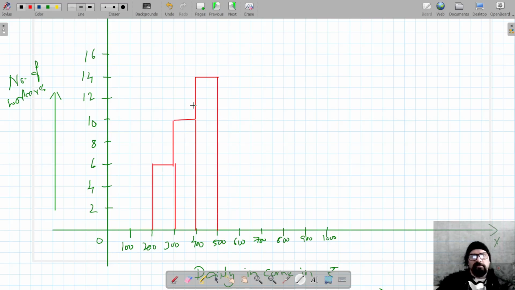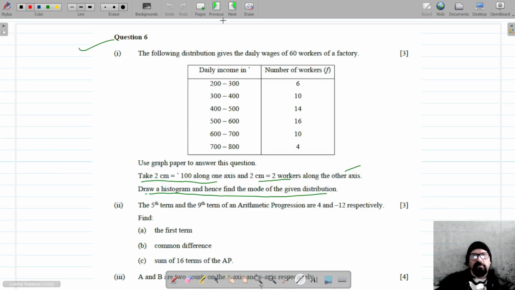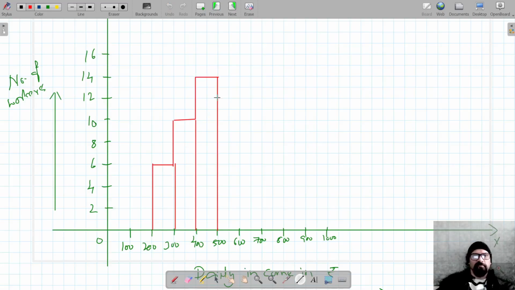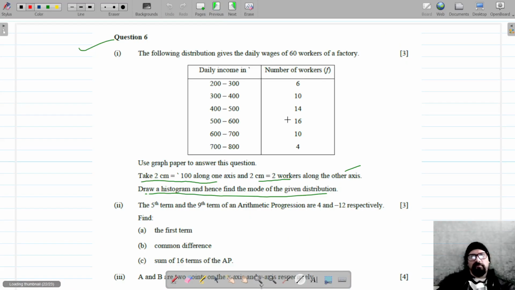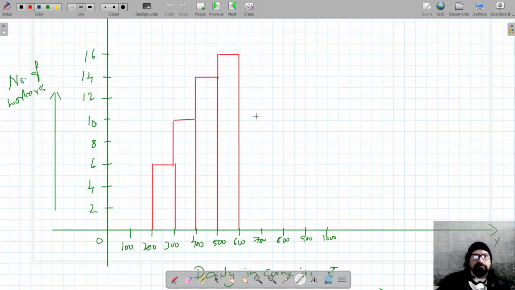So 6, 10, 14 and 16. This is 16. Then again 10.